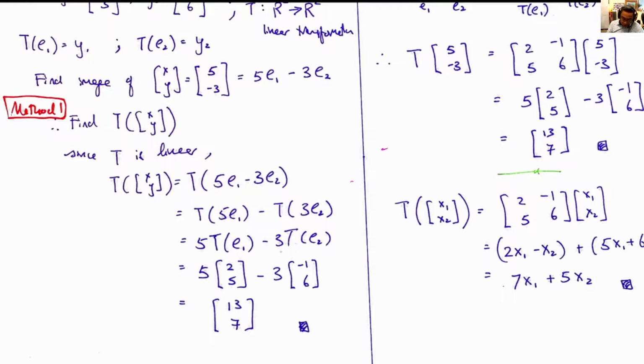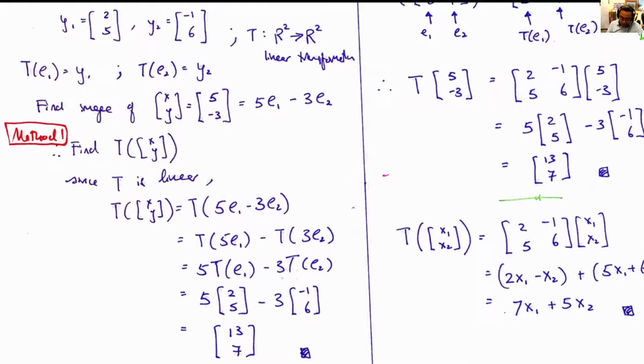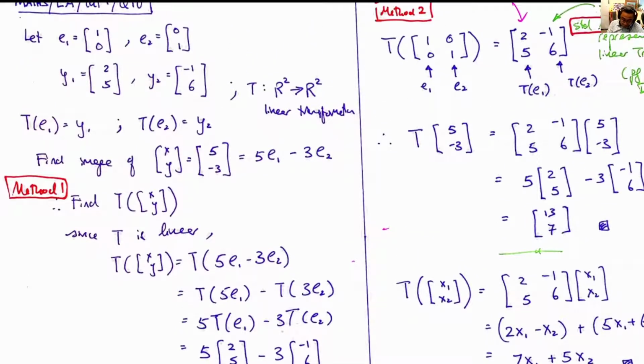What about if we use the definition of linear transformation? Remember that we are interested in finding the image of (5, minus 3), the input. (5, minus 3) can be represented as (5, 0) plus (0, minus 3).